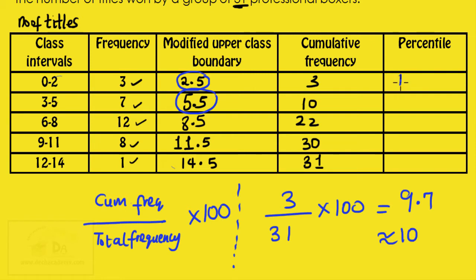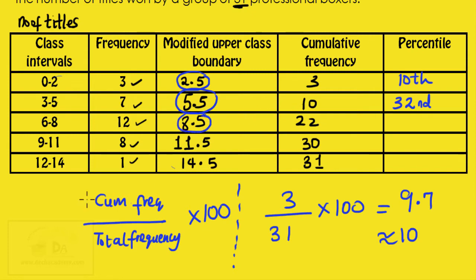So 10th percentile. If I do the same thing for the other upper class boundary, so 10 divided by 31 times 100, I'll get that this number of titles, this mark here, lies at the 32nd percentile. I'll do the same thing here for this upper class boundary.